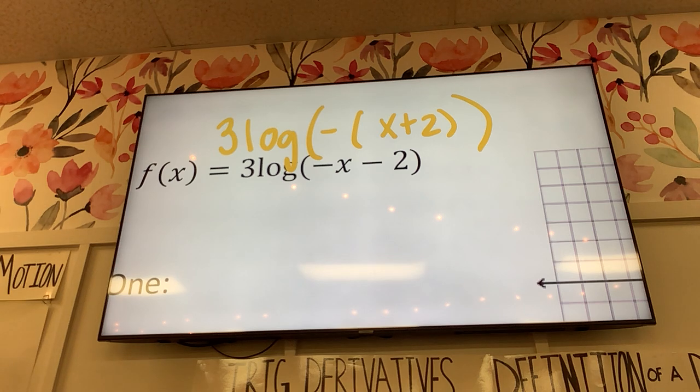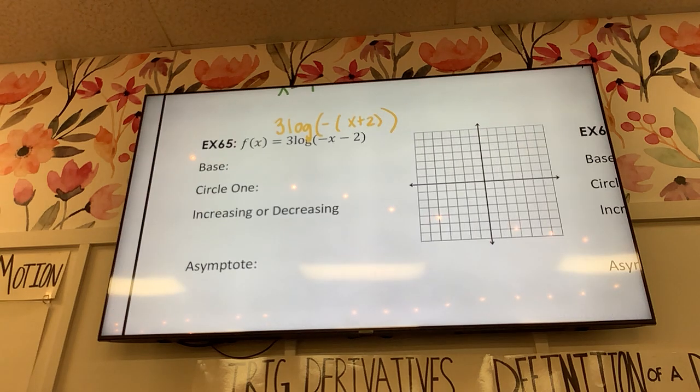I'm going to rewrite it and undistribute the negative because it's got that number in front of the x, and we don't like finding any of our translations if that guy has been distributed. Once I've taken that negative out, now I can say where my asymptote is, which is -2.